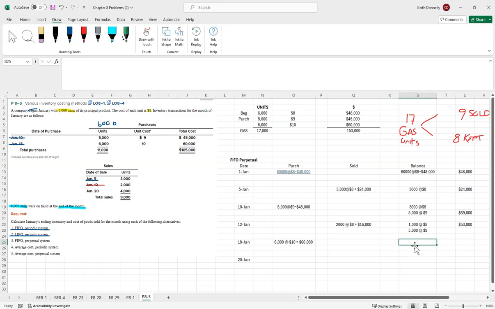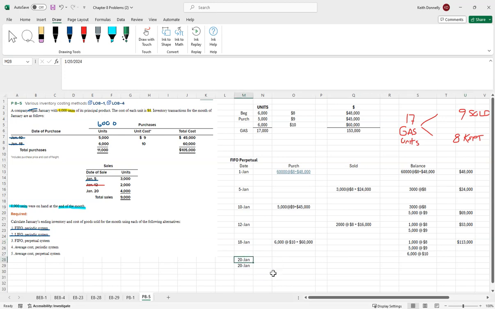Now when we look at our running total, we will have a combination of all of these guys. We were at 6,000 units. We bought 6,000 more, so now we're going to be at 12, all of those at those individual prices. When you run the math on that, it's 113,000.